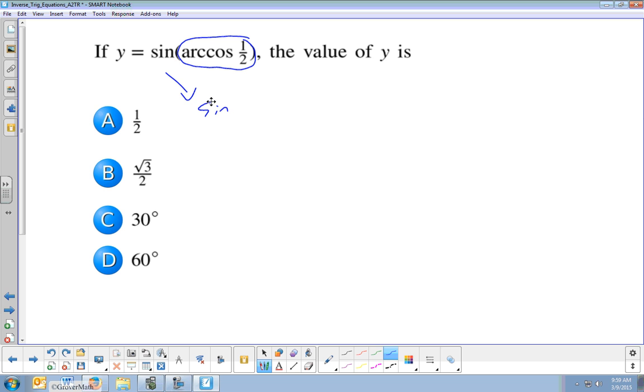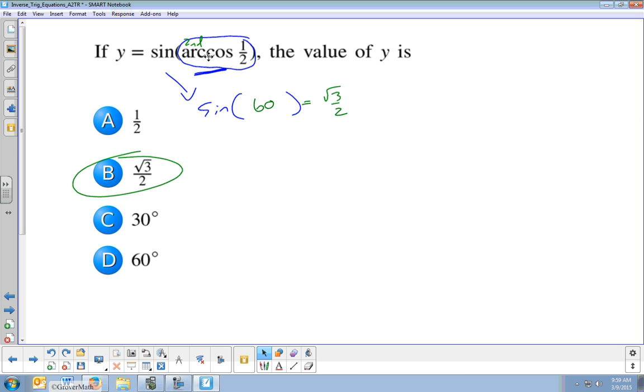So I want to know what sine is of arc cos 1/2. Well, what is arc cos 1/2? Well, it's second cos 1/2. When is cosine a half? 60. So arc cos 1/2 is 60. I want sine of that, and sine of 60 is rad 3 over 2. So it's just basically, like I said, working inside out.